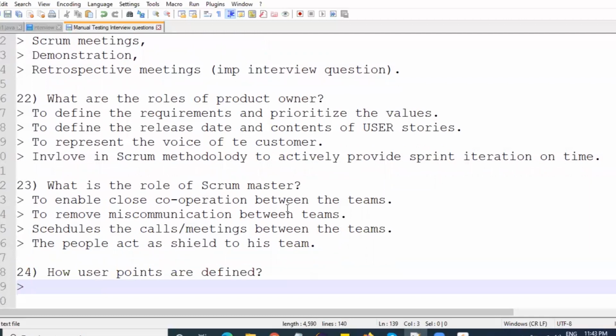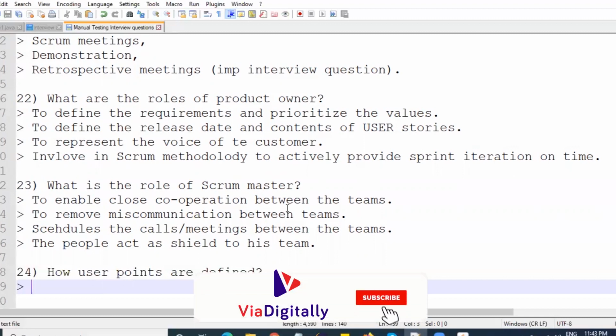In Agile, when I read the user story, I need to know whether it is a complex user story, an easy story, or it takes much time. That dependency we call user points. With user points, we can tell the importance, the criticality or the difficulty of the user story. A user point is a number that tells the team about the difficulty level.